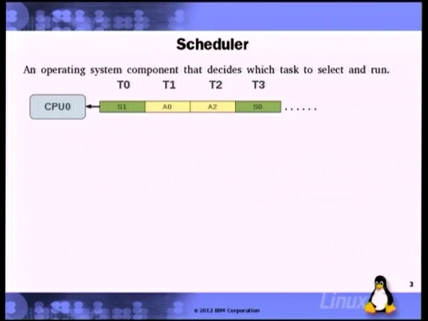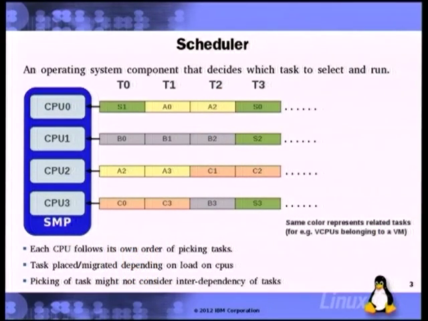The scheduler basically picks a task and assigns it to the shared processing element, CPU 0, and it happens one by one. The scheduler does a lot of other things, but I just wanted to give a brief overview here. Adding more CPUs gives us a lot more processing power, but it also adds a lot of complexity.